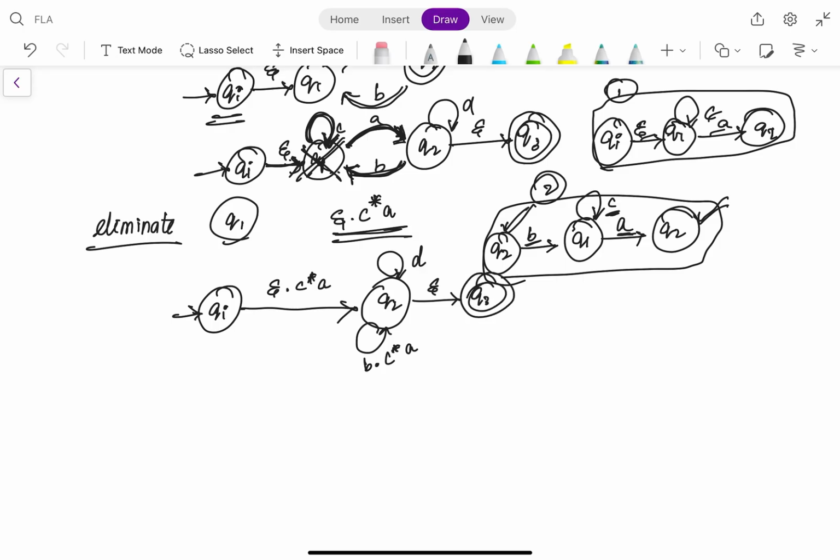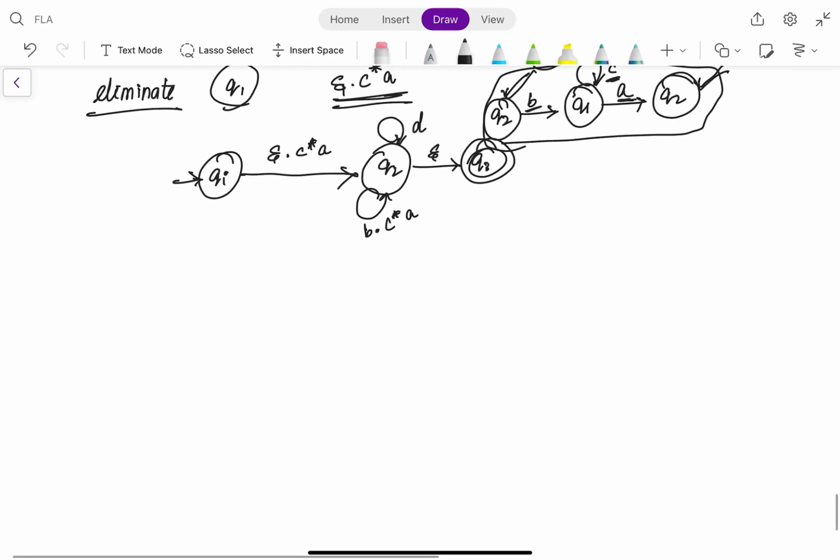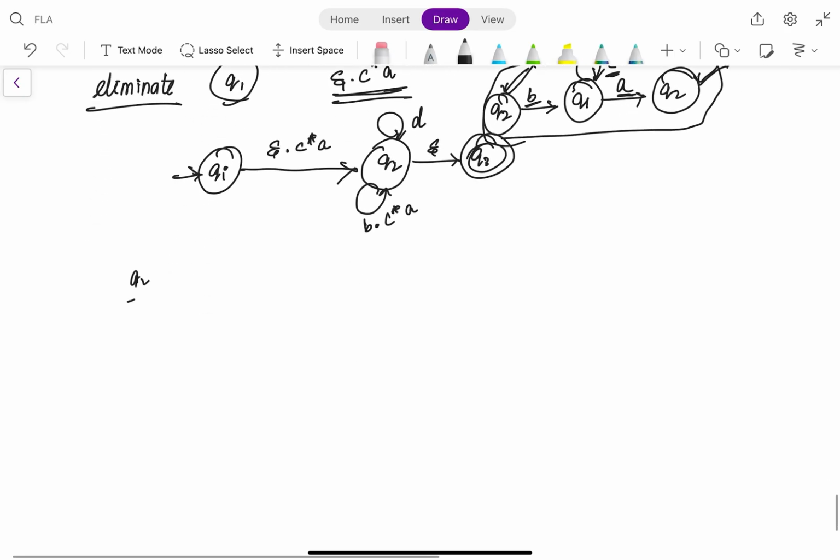Now we have removed Q1. Now we will try to remove Q2. First, look at Q2. How will you write this D and B dot C star A? These are all the same self loops, right? It is an or condition, a union condition.